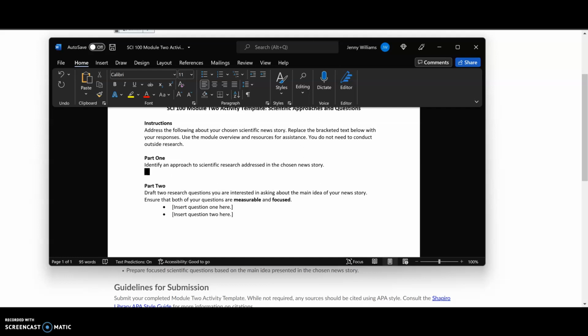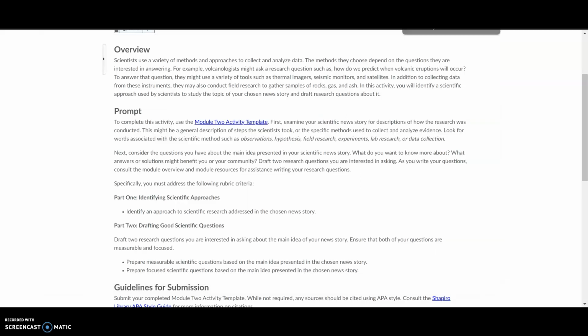Once again, you cannot copy and paste from the news story. That is plagiarism. If you want to use things from your news story, you need to properly cite it in APA format. So we're going to go look at the article that I chose, and we're going to find out what were the methods that they used to complete their research.